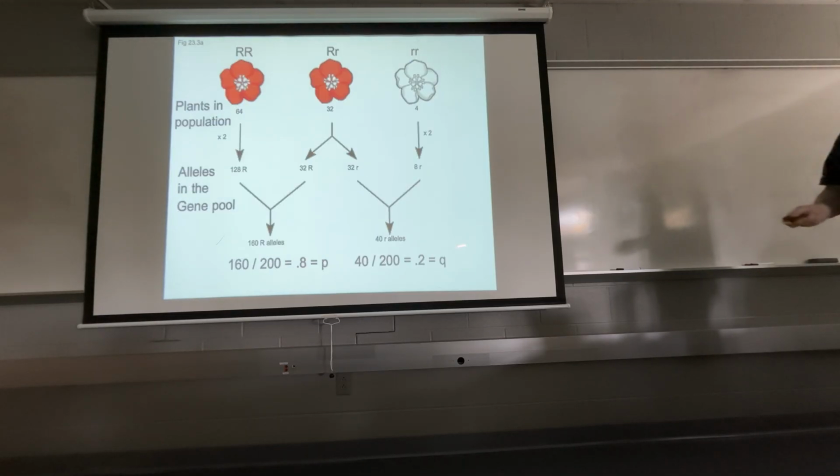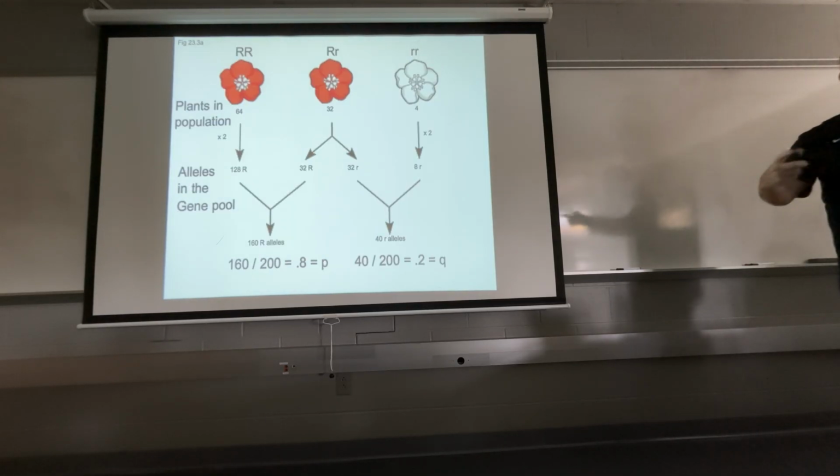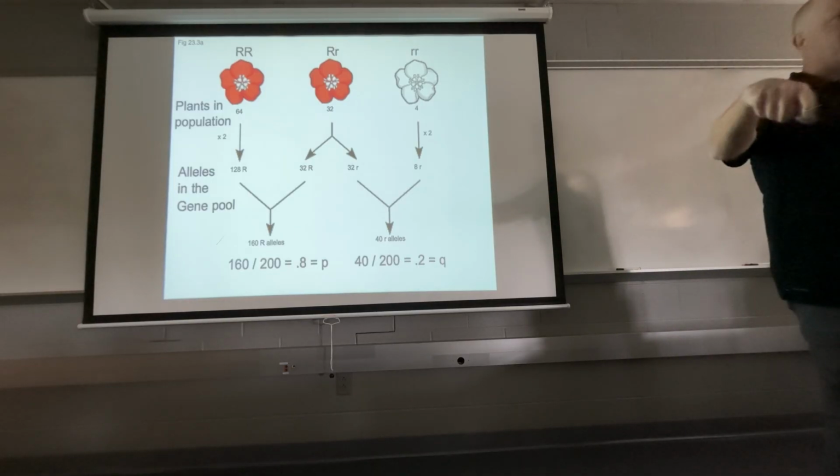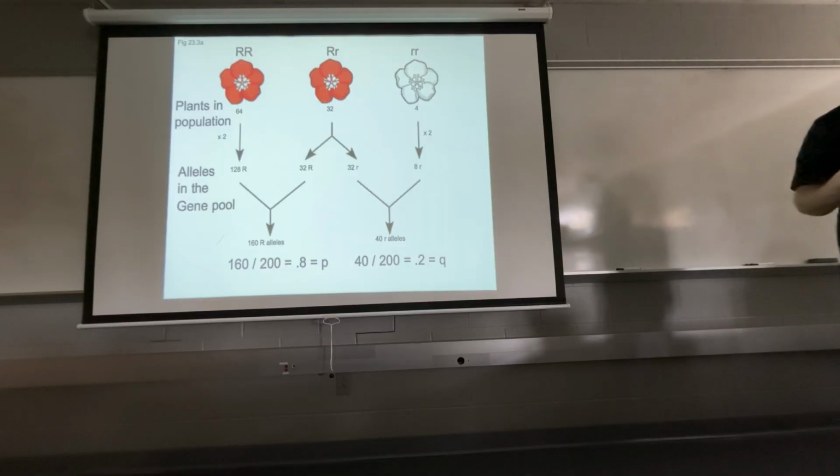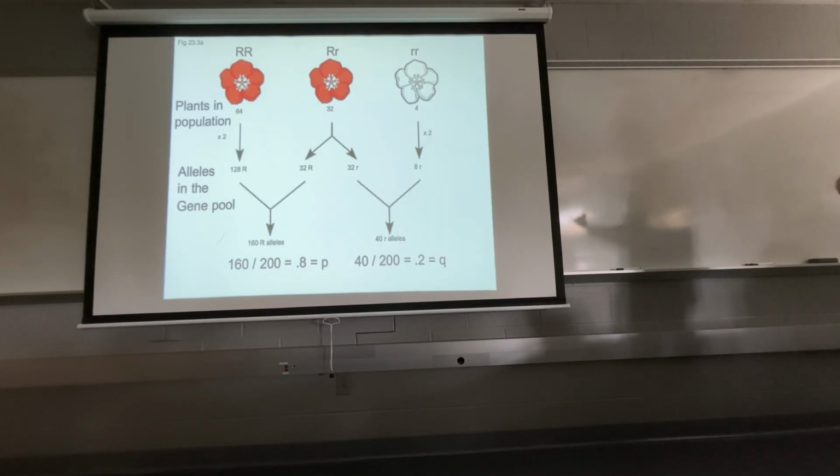Now, say we were in a wildflower field, and I have red and white flowers only. I sampled them, and I got as big of a sample as I could for my analysis. So I got 200 individuals, and I genotyped all of them, and then I got these two values for my p and q. I could predict what the ratio of genotypes will be, homozygous and heterozygous, for the next generation.